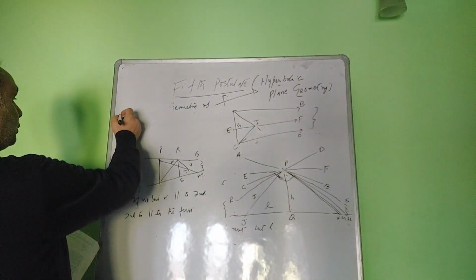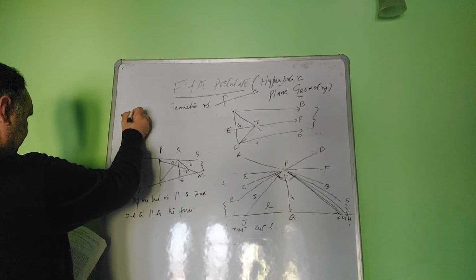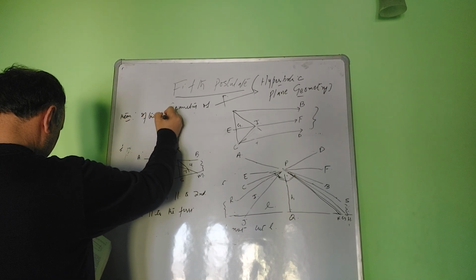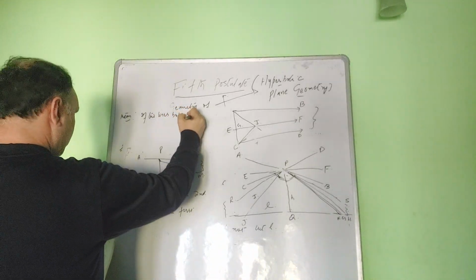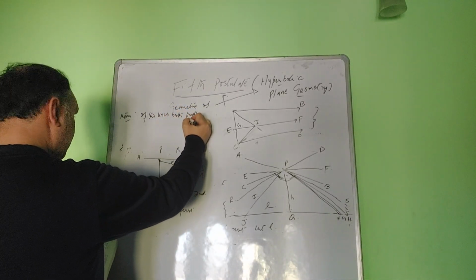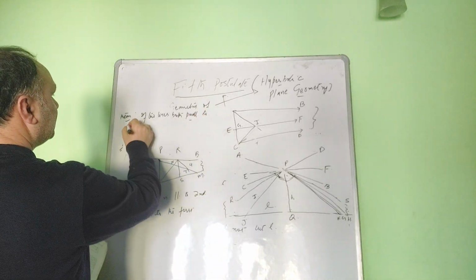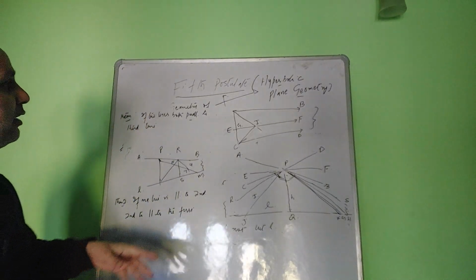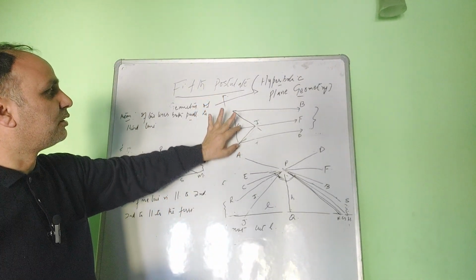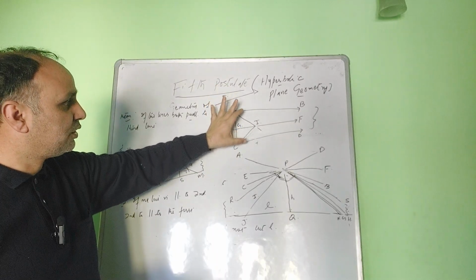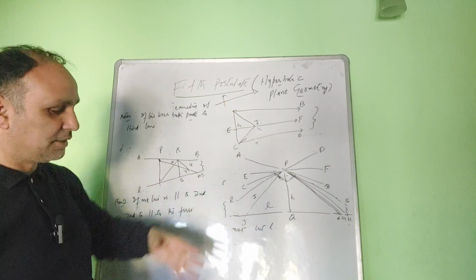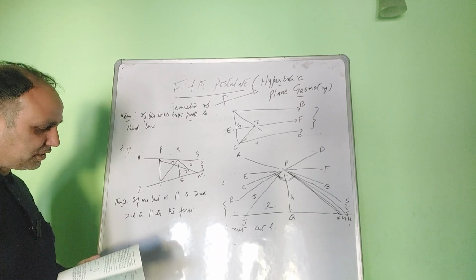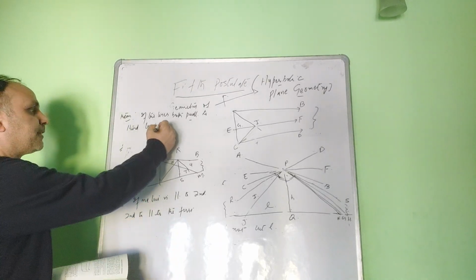So I'm going to state the theorem. The theorem states that if two lines are both parallel to a third line in the same direction, then they are parallel to each other.